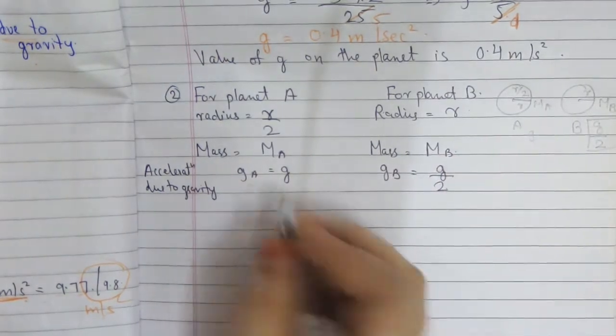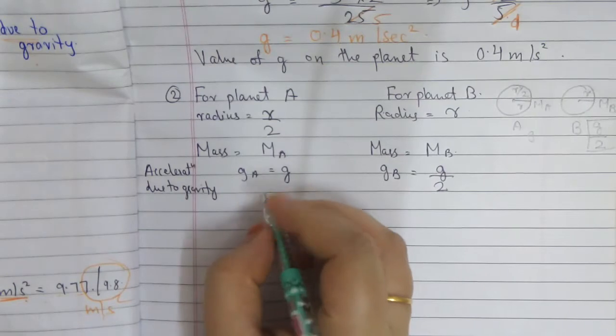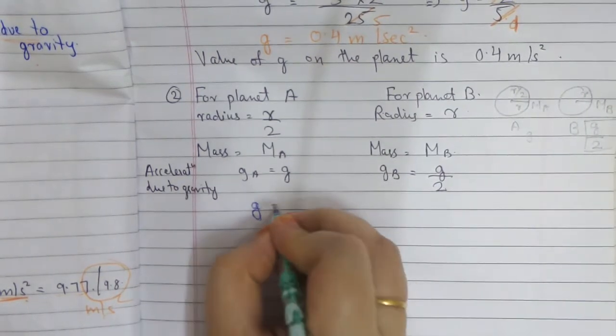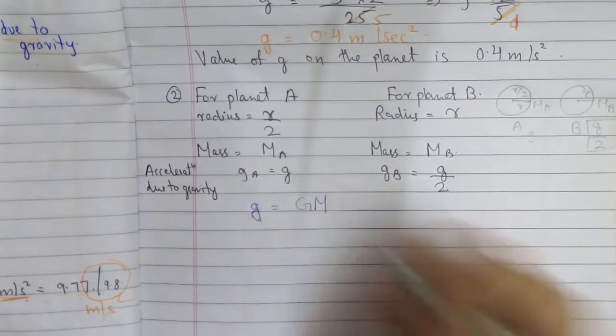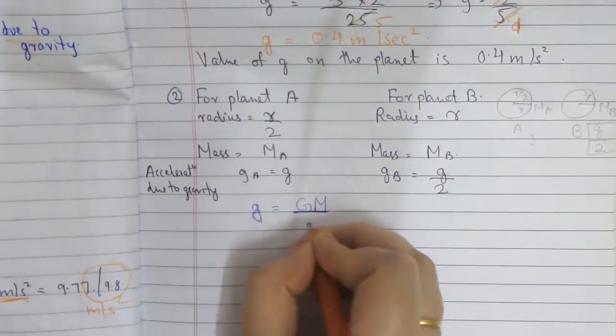Now we will just apply the formula. Here I am writing with a blue pen so that you all can understand. The formula is g is equal to Gm upon R square.